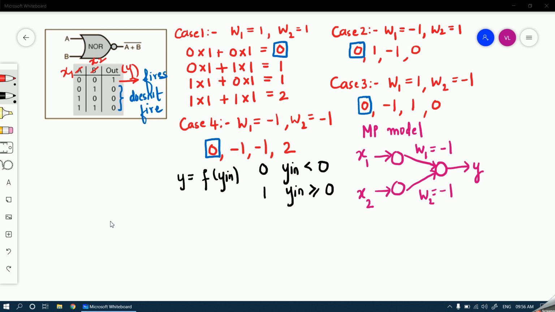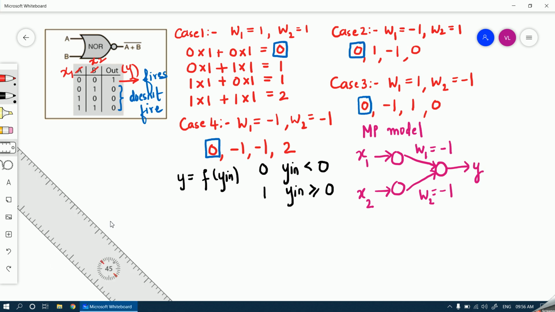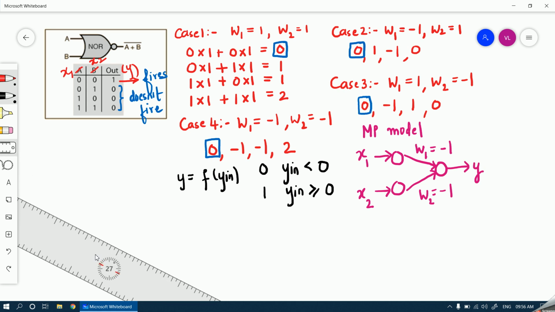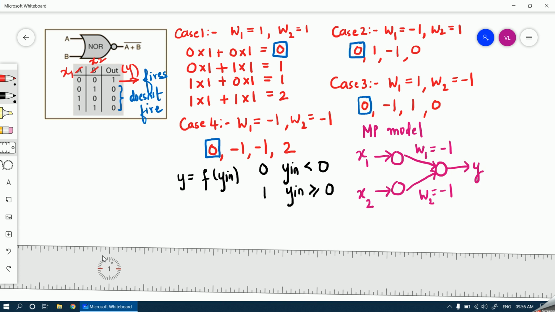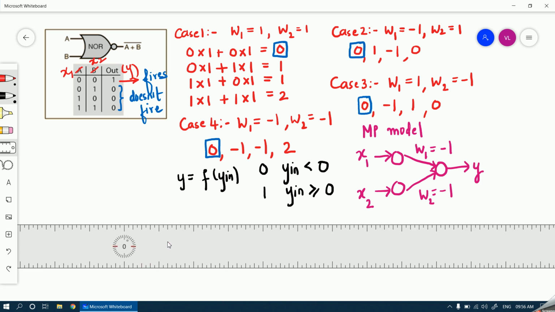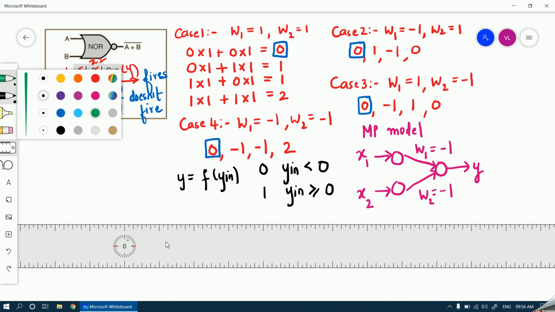Now we need to draw the graph of a separating line. So with the help of these points, let me first plot these points. We have got two inputs, so 4 points: 0, 0, 0, 1, 1, 0 and 1, 1. So I am plotting these points first.